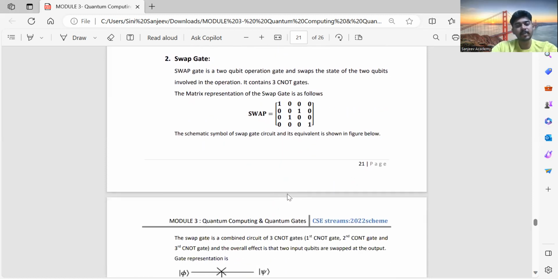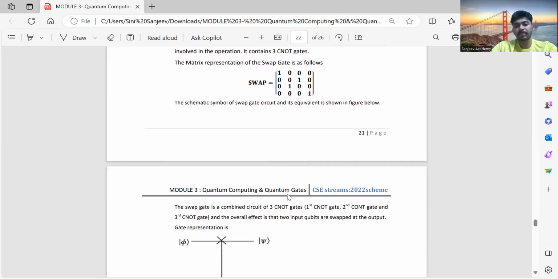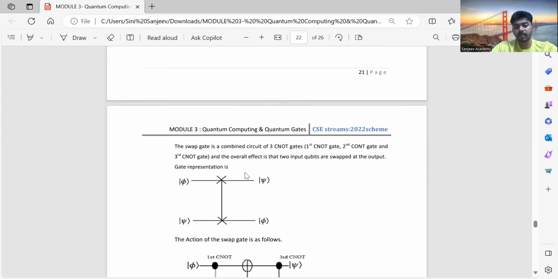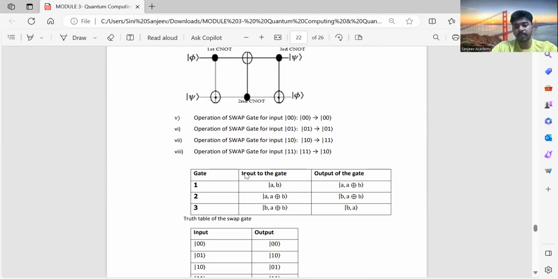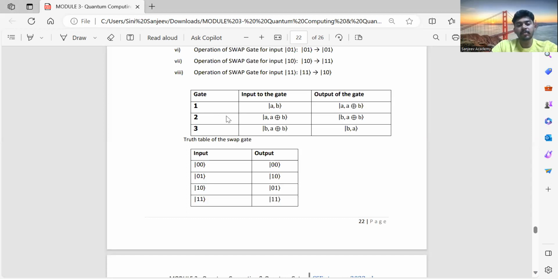Swap gate. Again, it is a 2-qubit operation. I'll just show you. Coming to the truth table here again, AB and A comma A exclusive-OR B. Then this is taken as the input and we'll get the output B comma A exclusive-OR B. And then this is taken as the input and we'll get B comma A. So here only the second and third are getting interchanged.